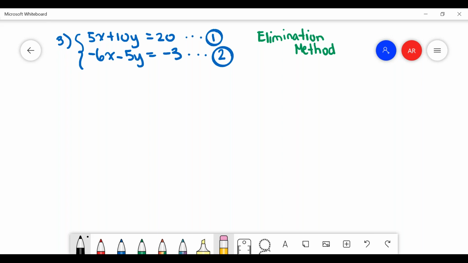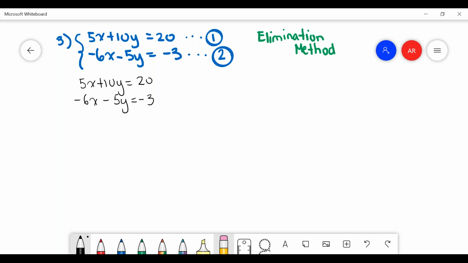It really doesn't matter which one you eliminate as long as you eliminate a variable. So what I'm going to do here is just quickly write this equation out again. And I'm going to show you how to create opposite coefficients.